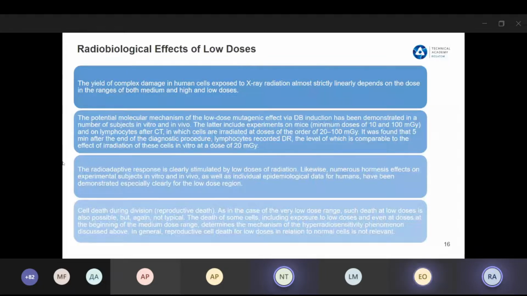Death of some cells, including exposure to low doses and even at doses at the beginning of the medium dose range, determines the mechanisms of the hyperradiosensitivity phenomenon discussed above. In general, reproductive cell death for low doses in relation to normal cells is not relevant.